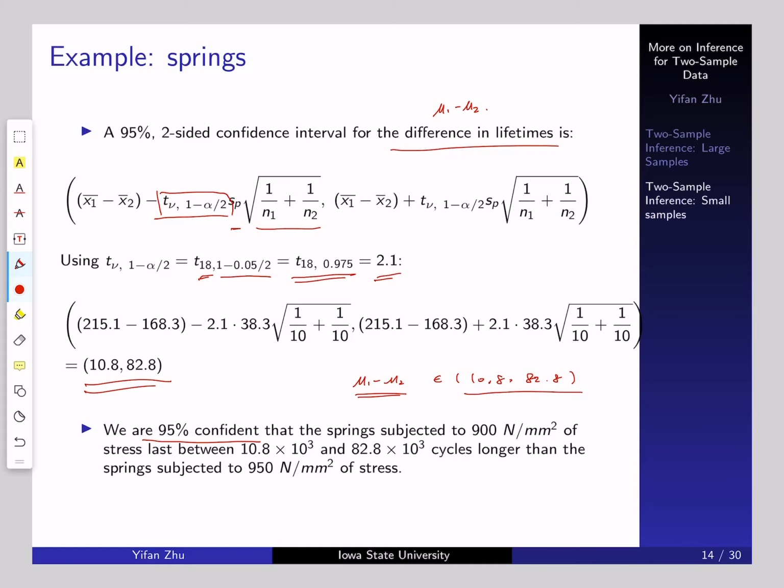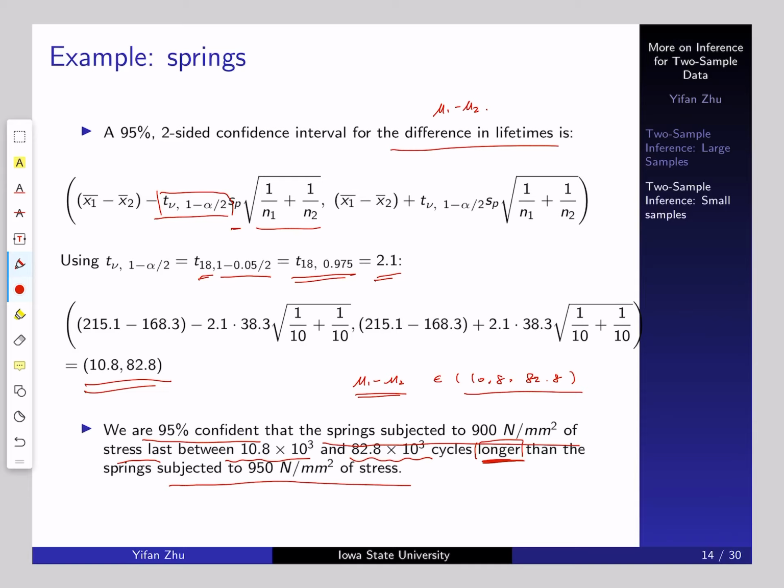So the interpretation will be the spring subjected to 900 stress lasts between these two numbers longer than the spring subjected to the 950 stress group.